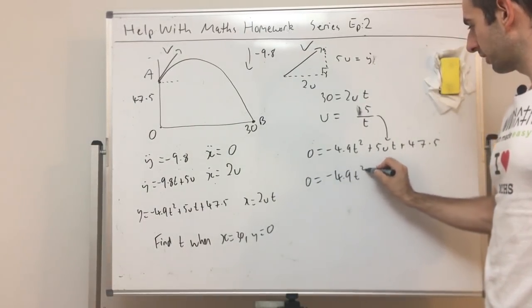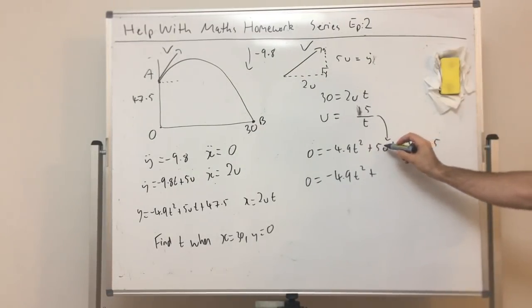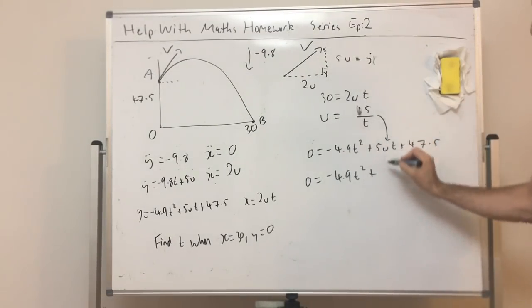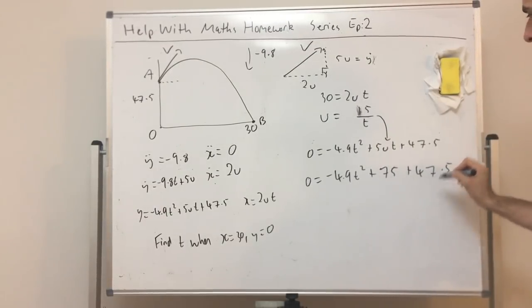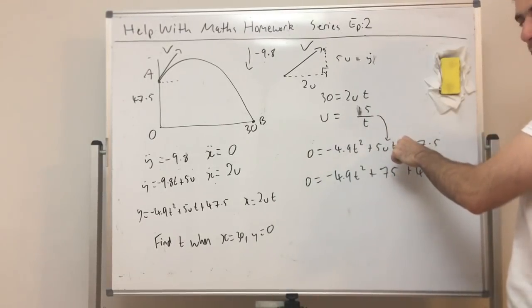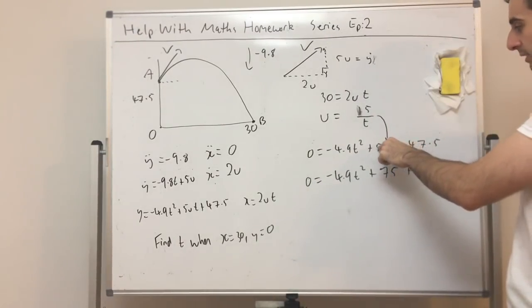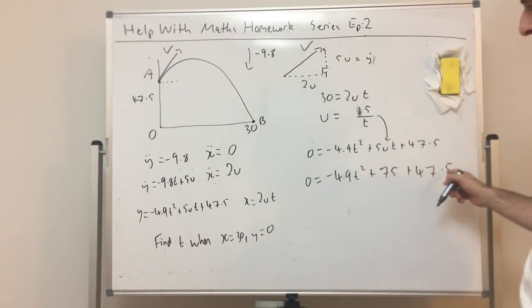So we get negative 4.9t squared plus, now look what happens here. This will turn into 75, because the 1 on t will cancel with this t, and it's 5 times 15, which is 75. So this is a very simple equation to solve for t now.